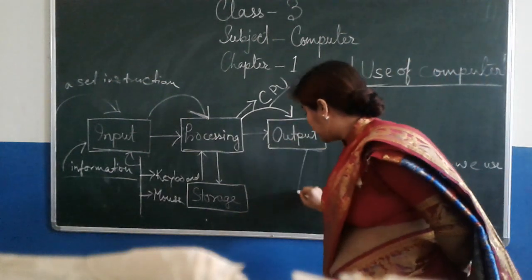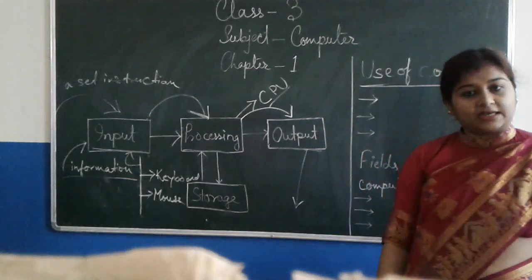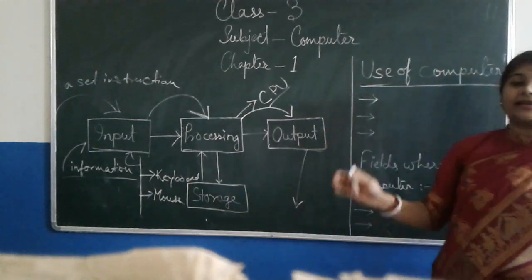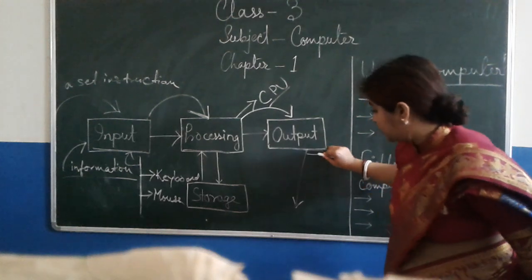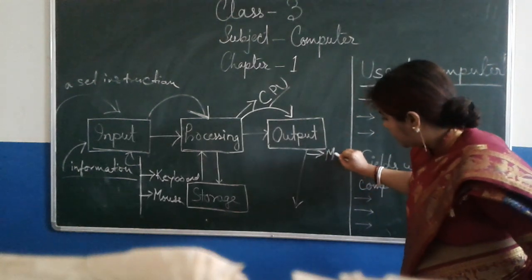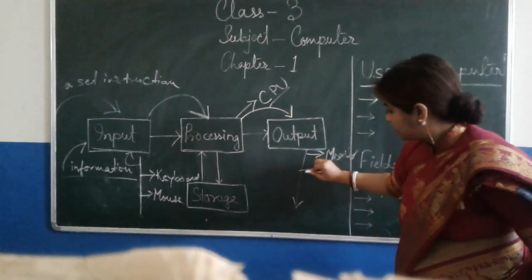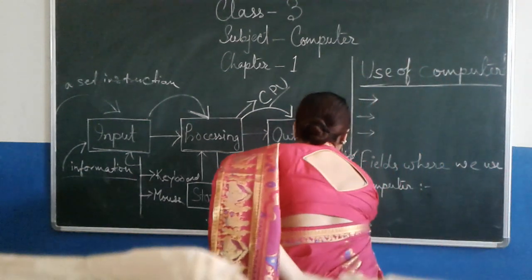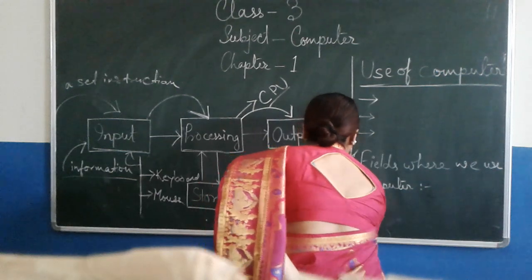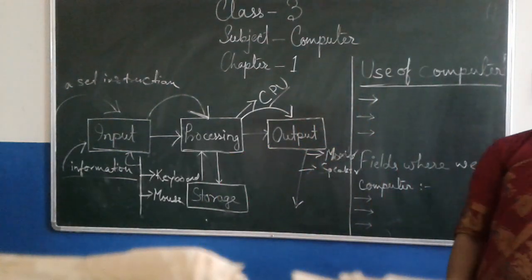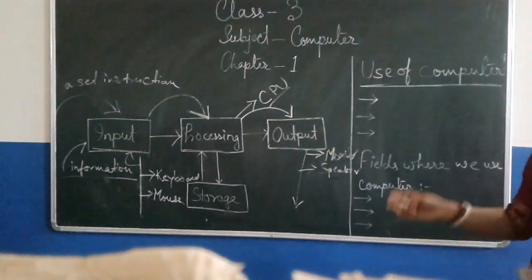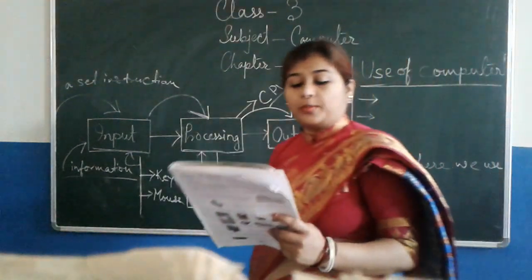By using output devices, we get a result. What are the output devices? Very common output devices are monitor and speaker. This is how the computer operates.